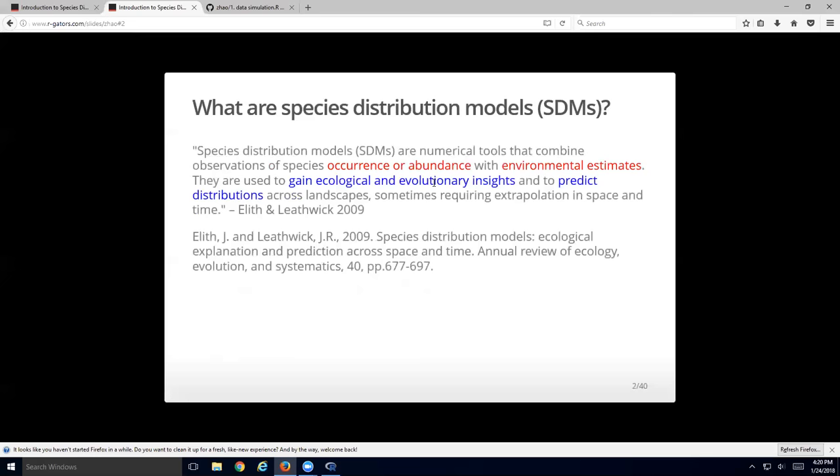So again, for these models we have two basic components: first, the observation of the species, either as occurrence or abundance, and second, the environmental data. And for their use, it's first to gain understanding, and second, to make predictions. Those two uses are related.